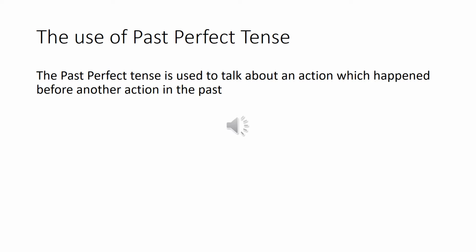But out of these two actions, one can be the former action, one can be the later action. In this situation, we use the former action in the past perfect tense, and the later action will be in the simple past tense.